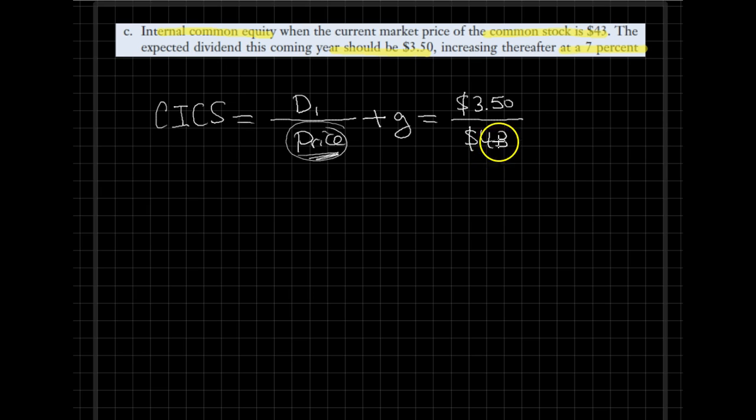Currently the market price for the stock is $43, and the growth rate of dividends is expected at 7%. So making the necessary steps of calculation, we come across the value of 15.14%.